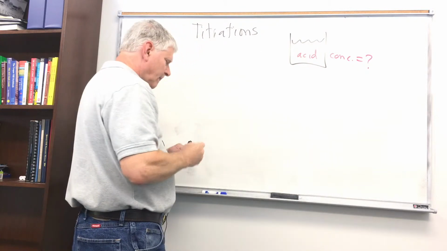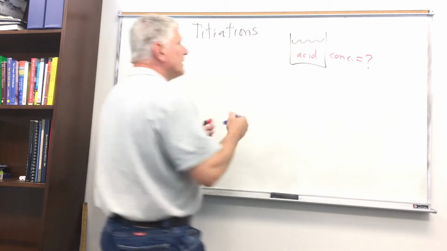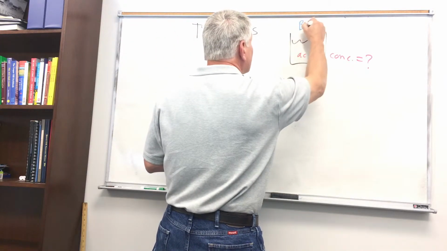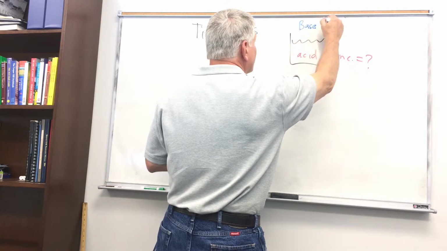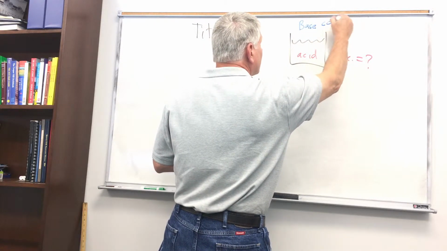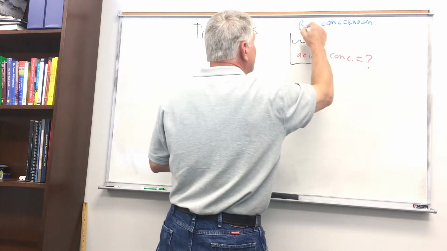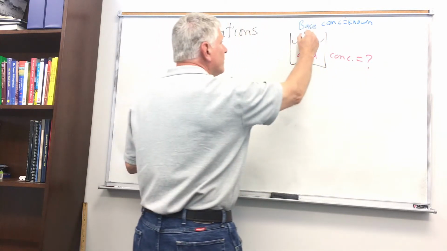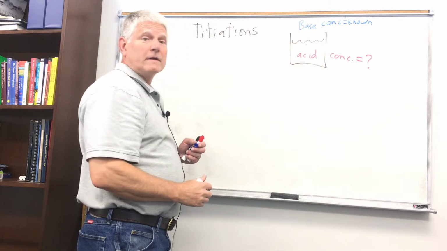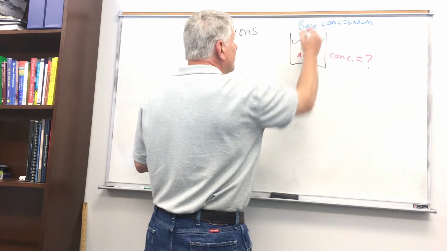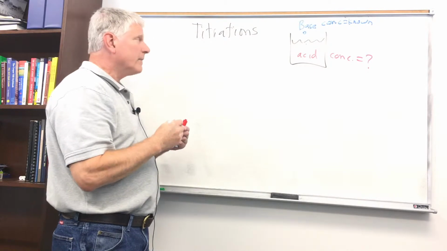of the acid. What we can do is we can take a base of known concentration and we can start adding it to the acid solution, and we'll do it drop by drop.